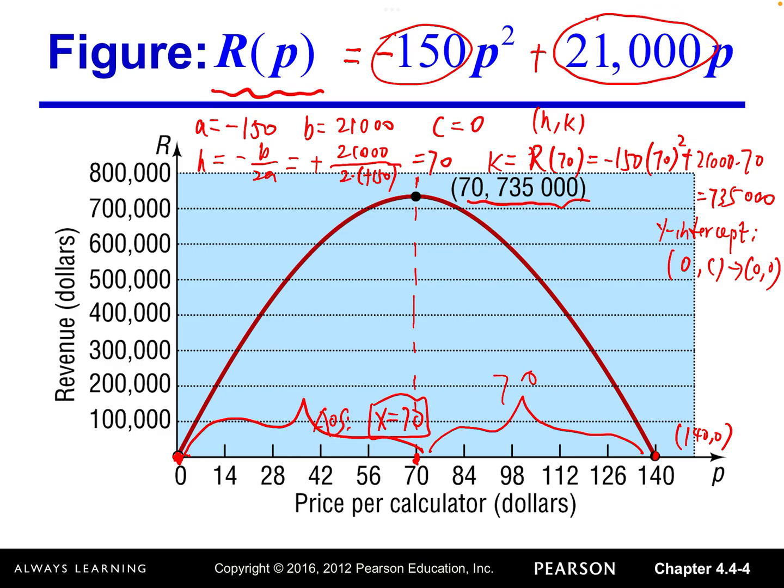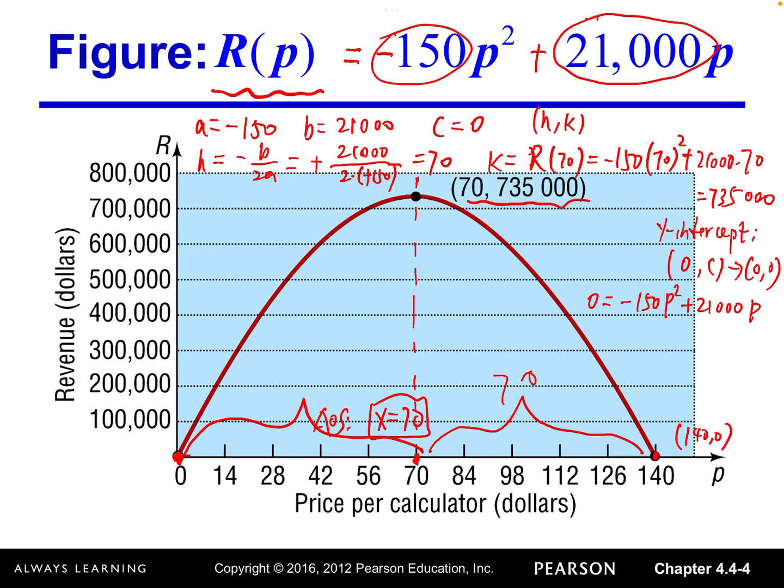Okay, so let's try to find the x-intercepts. For the x-intercept, we need to let y be 0, right? So R of p equals 0 equals negative 150 p squared plus 21,000 p. We need to solve this quadratic equation.